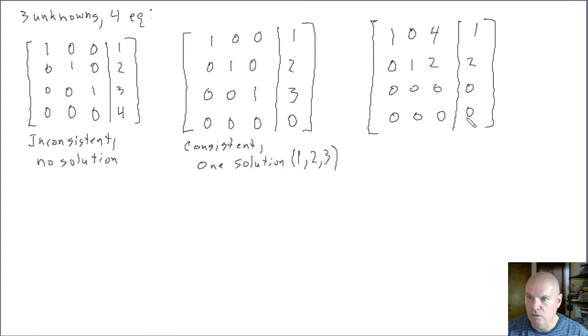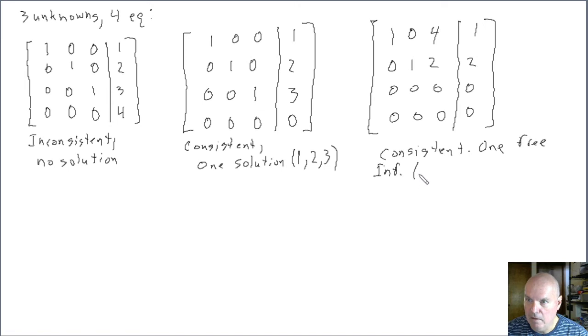I've got all zeros in the last 2 rows. Out of the 3 unknowns, I've got 2 leading variables, x1 and x2, and then a free variable, which would be x3. So it is consistent, I've got 1 free variable, and so there are infinitely many solutions.